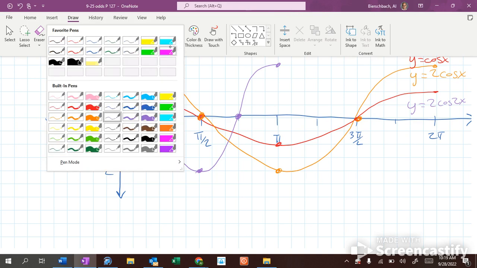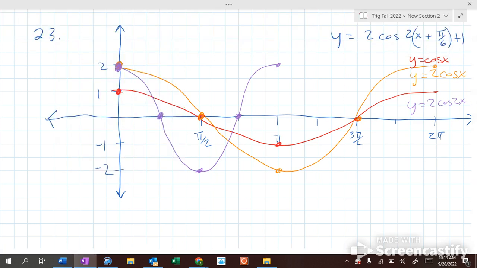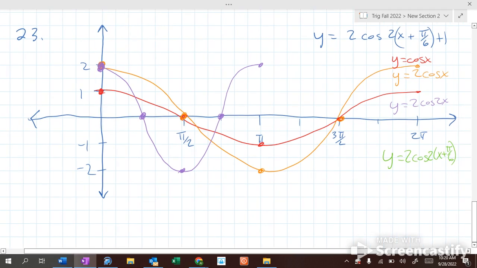Then y equals 2 cosine of 2 times x plus pi over 6. What does plus pi over 6 do to the graph? Moves it which way? Left by pi over 6. If I go 12 squares to get to pi, how many squares do I go to get to pi over 6? 2. So it's 2 squares to the left.